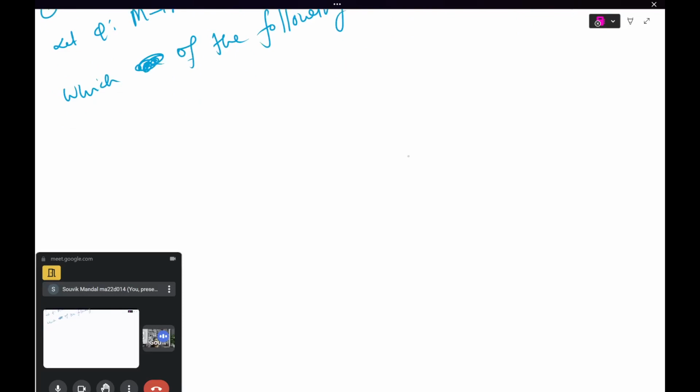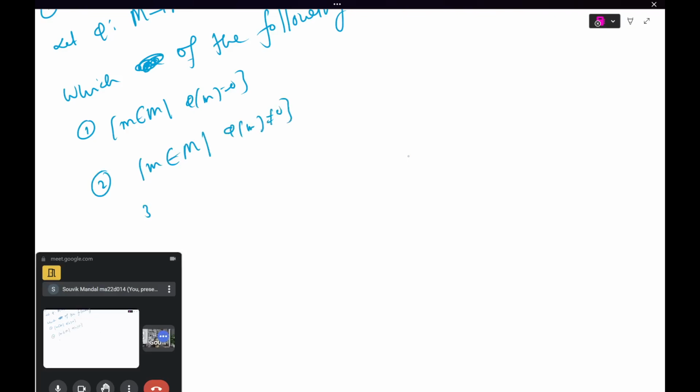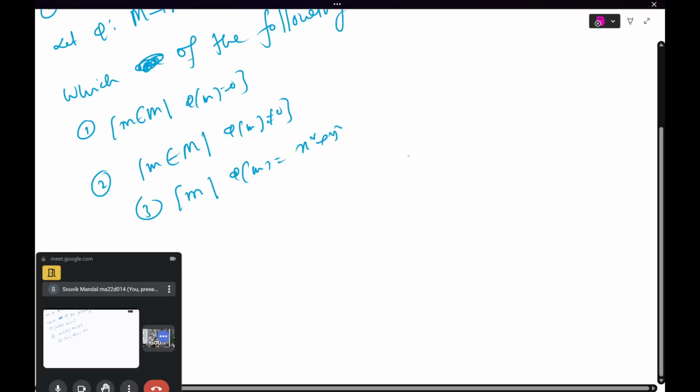The options are given as: option 1, all those m in M such that phi(m) is equal to 0. Option 2, all those m such that phi(m) is non-zero. Option 3, all those m such that phi(m) is equal to x squared plus y squared.